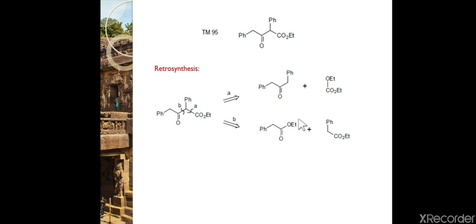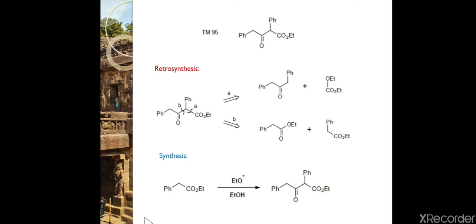I will say these two are similar. These are the ethyl esters of phenylacetic acid, and we just need 2 moles of the ethyl ester of phenylacetic acid, which will get us our final compound. So I will go for route B and we'll do the synthesis like this. To get the final compound or target molecule 95, what do we need to do?